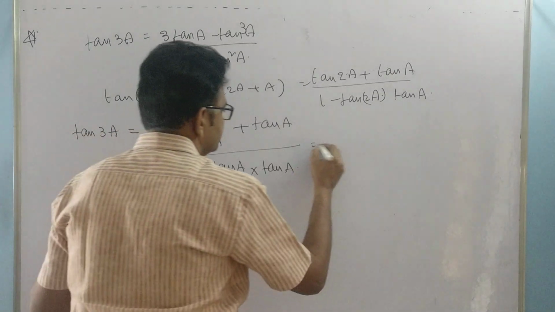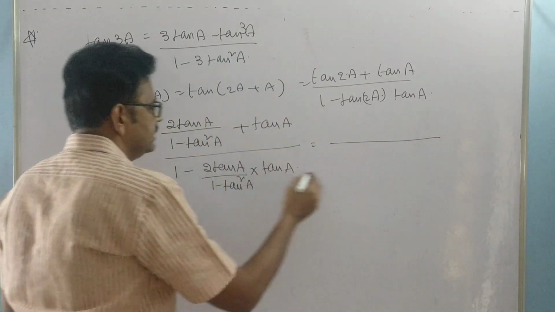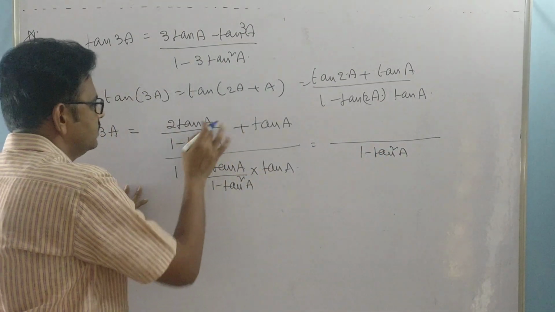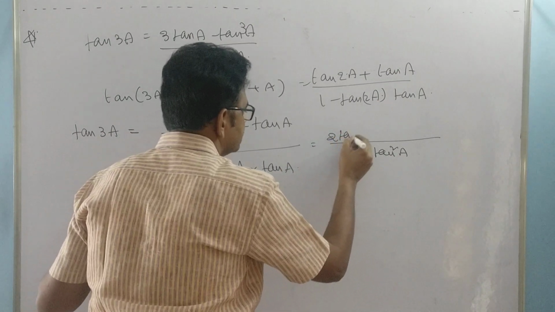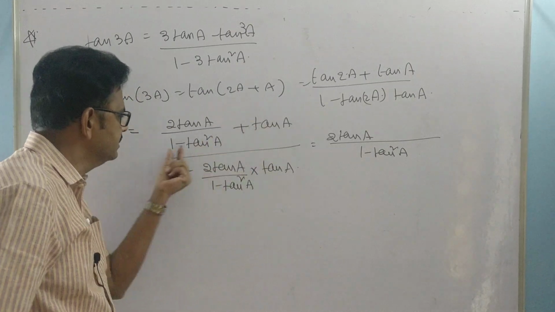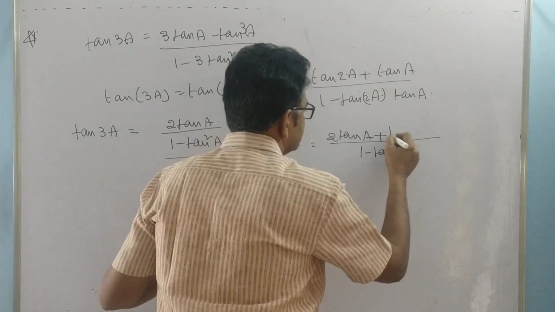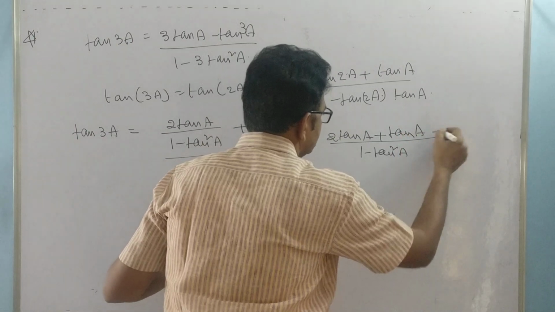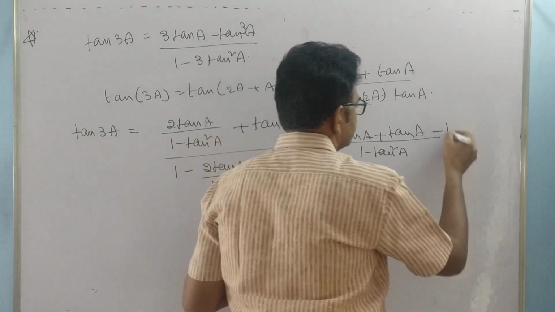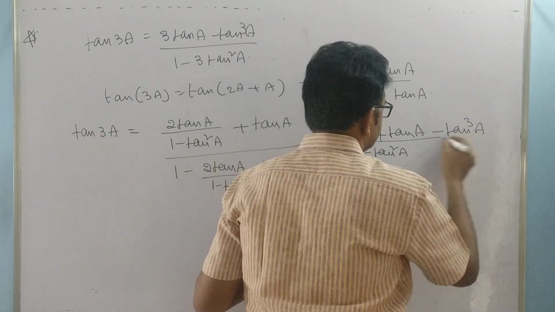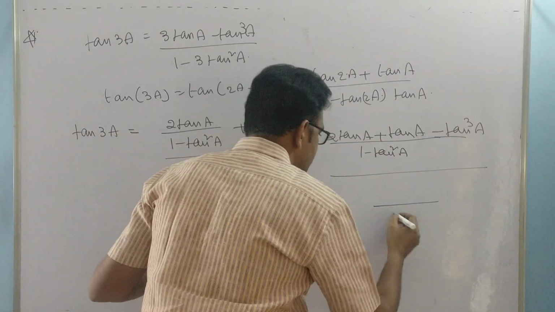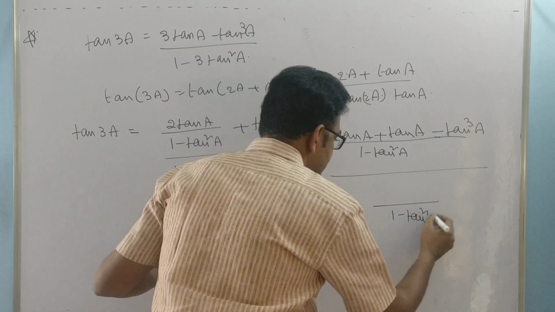By taking the LCM, 1 minus tan square a is the LCM. So this is 2 tan a, plus tan a into this, I am multiplying directly, so plus tan a minus tan a into tan square a, that is tan cube a, by the LCM 1 minus tan square a.